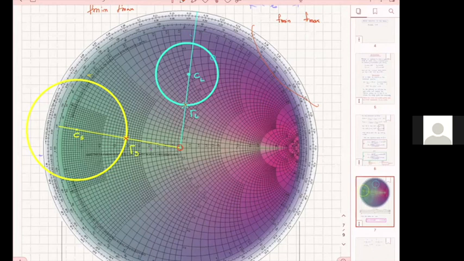But that happens only if your S22 is larger than 1, or your S11 larger than 1. And we're not going to see that. In those special occasions where that happens, people have a more difficult problem, but not for our class. Yeah, not for us. So for all of the examples we have, we are going to be inside the Smith chart because S11 and S22 are less than 1 in magnitude.